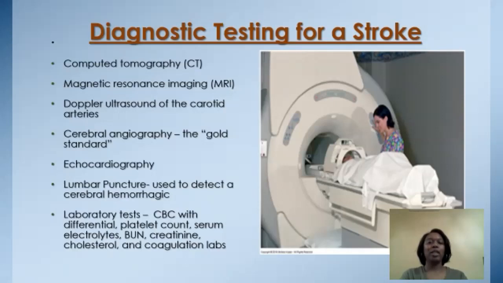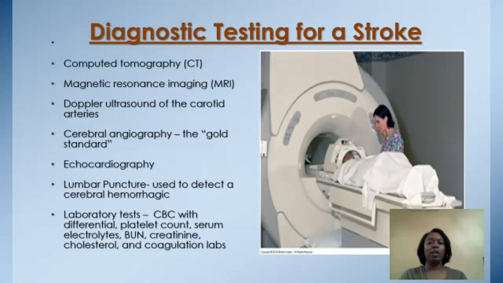So there is a definite timeline associated with the identification of the type or category of the stroke. A CT scan is the most common or the first test that is done for a suspected CVA, but an MRI could possibly be used as well to detect whether the CVA is ischemic or hemorrhagic in nature.